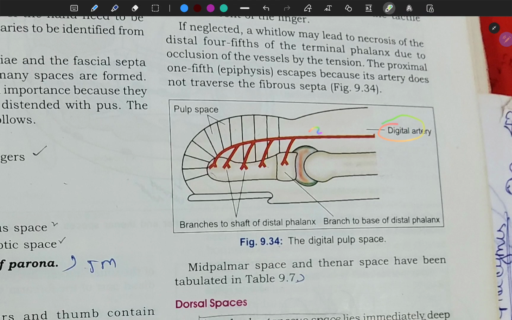The digital artery gives branches to the terminal phalanx. One important point: there is a separate branch to the base of the distal phalanx and to the shaft of the distal phalanx. So in case of a pulp space infection, this branch will escape, whereas all the other branches will be compromised.